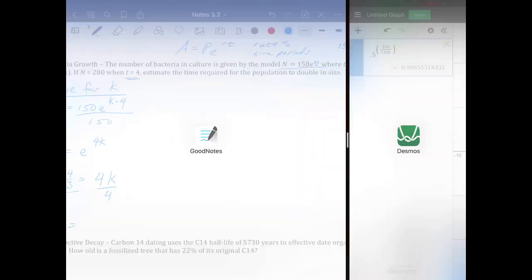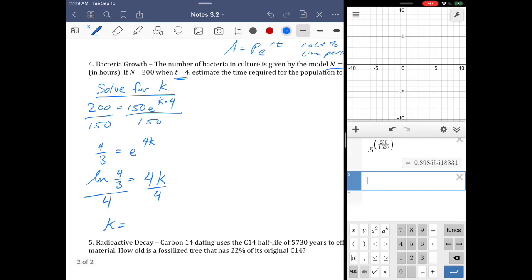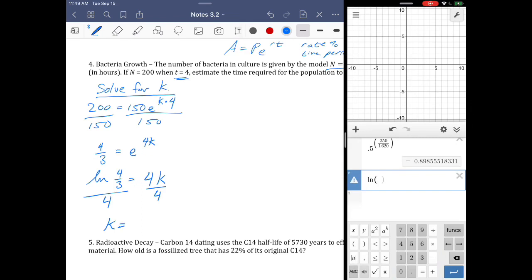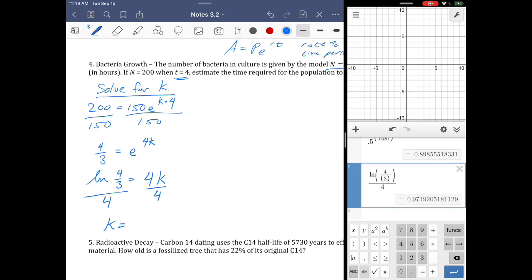So we've got the natural log of 4/3, divided by 4, which gets us 0.07, let's call that 0.072.